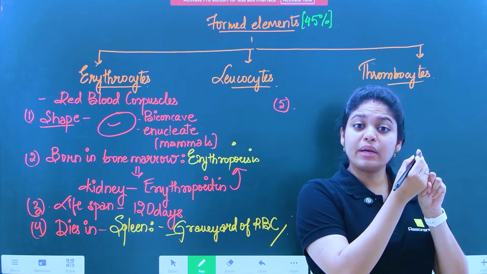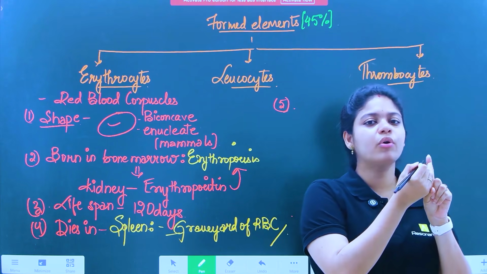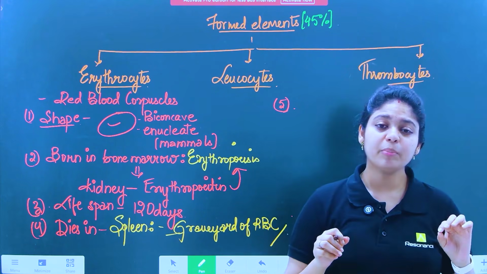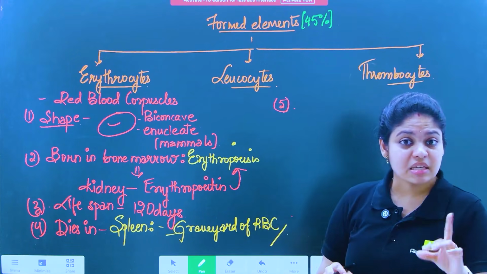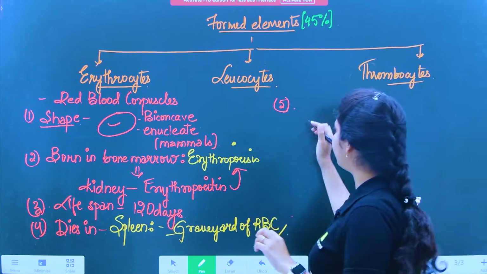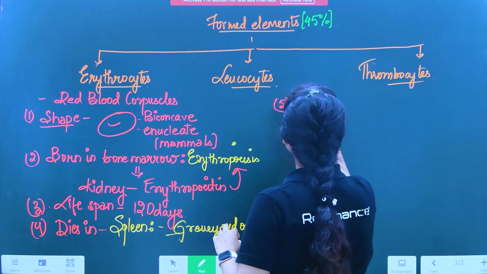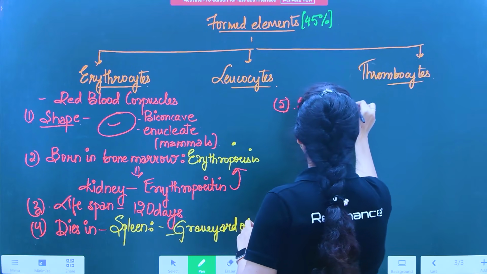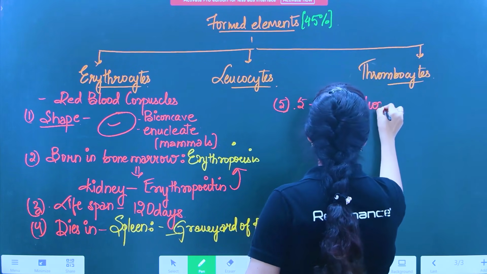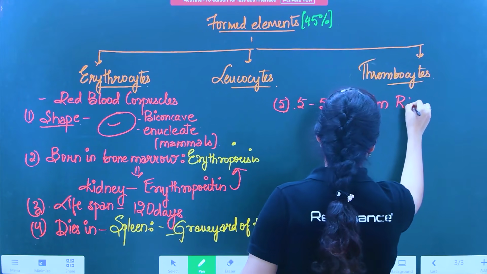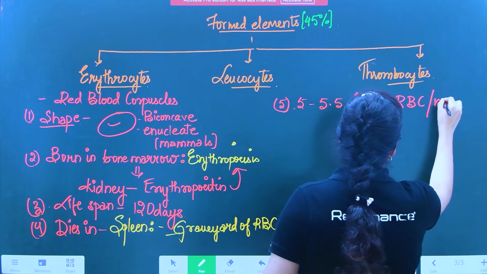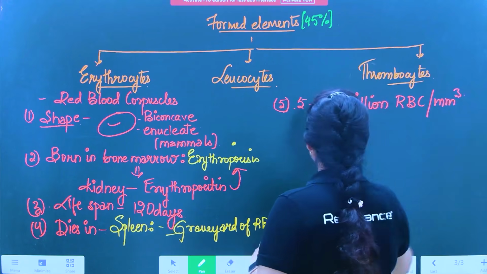Next, coming to the count, if you see 1 cubic millimeter of your blood, RBC is present in maximum content. There are 5 to 5.5 million RBCs per cubic millimeter.